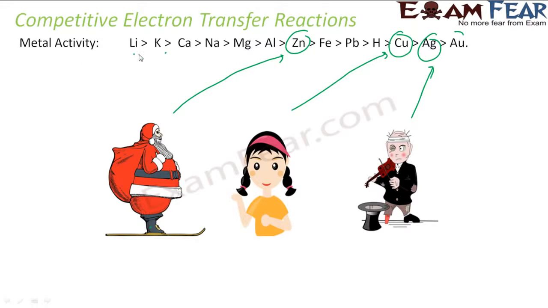Lithium has maximum tendency, then potassium, then calcium, then sodium, and these are based on the distance of the electron from the nucleus. For example, this atomic size is less and this is bigger. I'll not go into details of why this is the metal activity series, but we have covered this in one of the atom chapters where we discussed the series and why it is applicable. Please watch that video if you have any doubt in this.